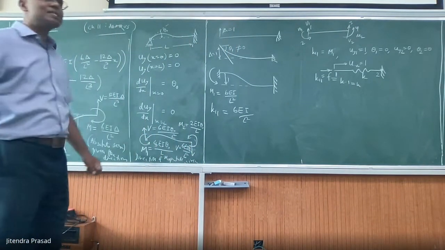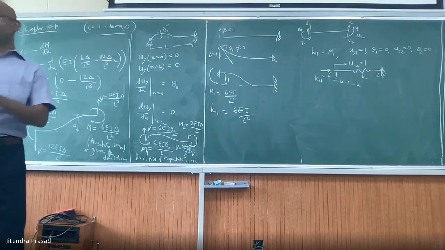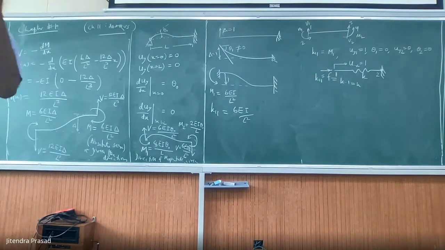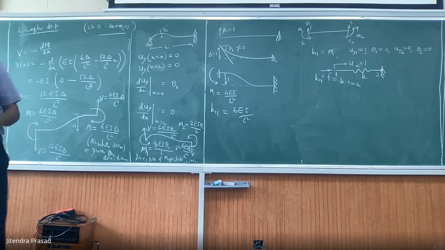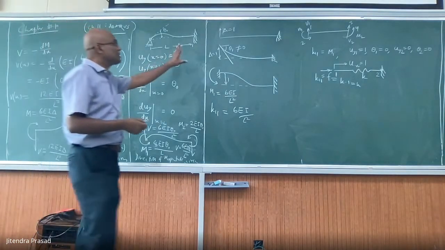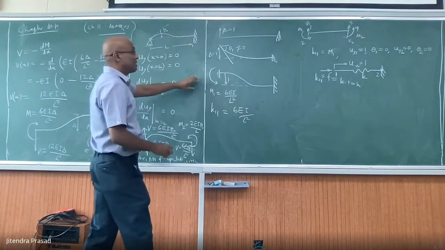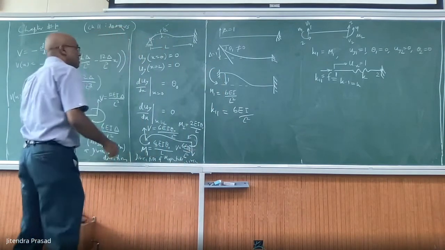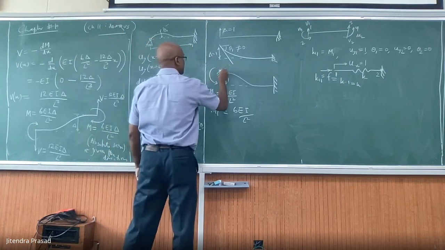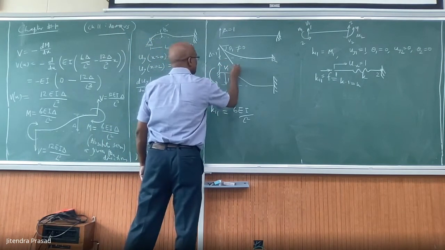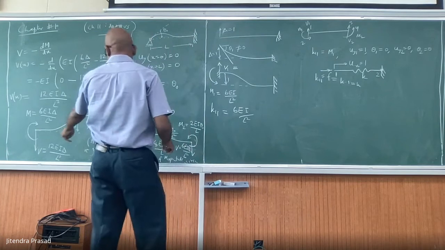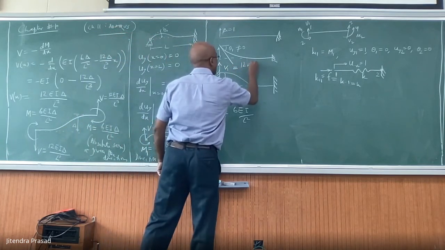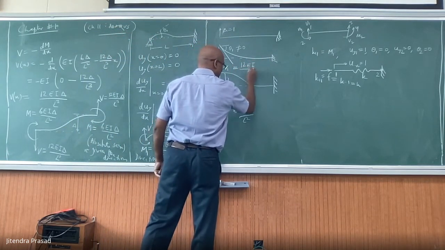Okay? This is your experimental method. It's not given in your book, but this is your insight basically. You should feel like you don't have to solve the equations. If you know these fixed end moments, you can find it like that. Then what do you have? Your V will be of what? This is the V, V1. V1 is equal to 12EI, delta is equal to 1, over L cube.